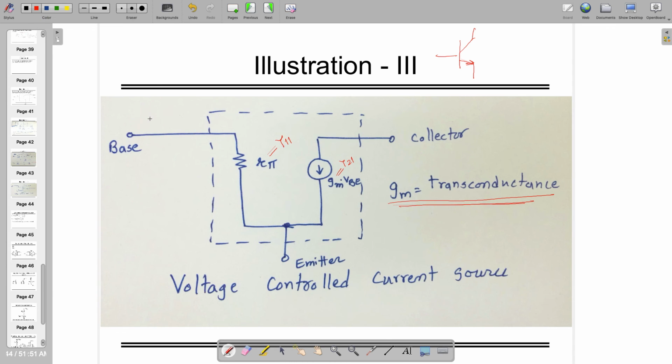Now you have to tell me the following things, and write down in your list: what is the impedance looking into the base, the emitter, and the collector. Whenever you want to find out the impedance, you have to follow Thevenin.